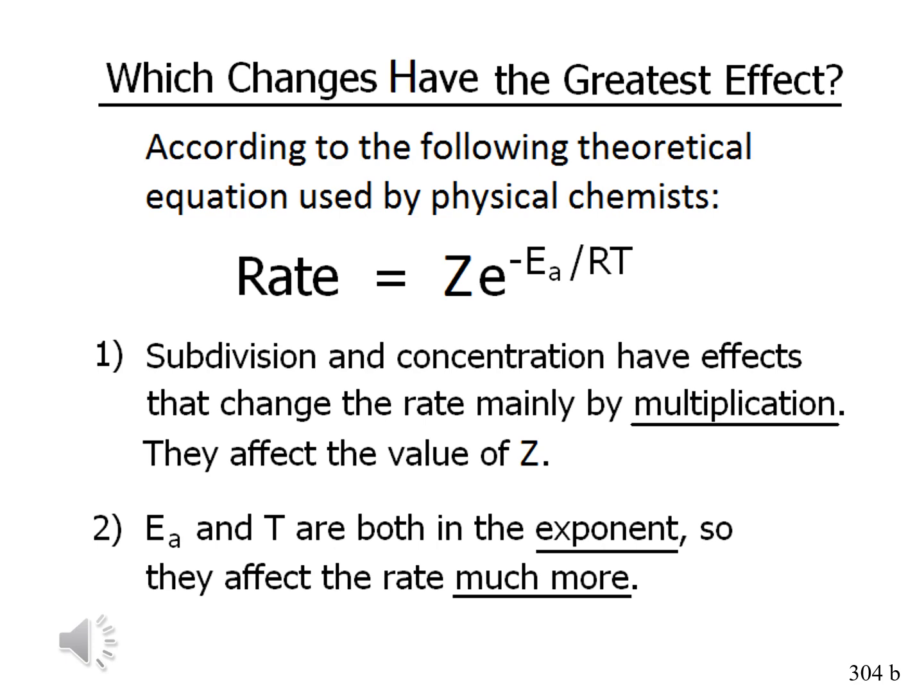You run the temperature at room temperature or in a boiling water bath. So usually the concentration is all you can change. That's why we worry about it so much. But the point of this is that the way to affect a reaction the most is to try to change the energy of activation or the temperature.